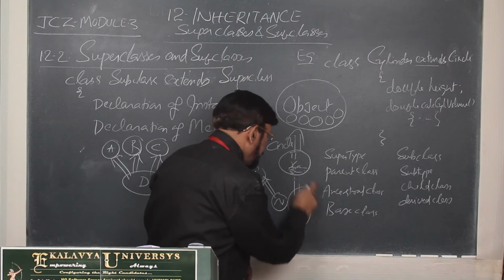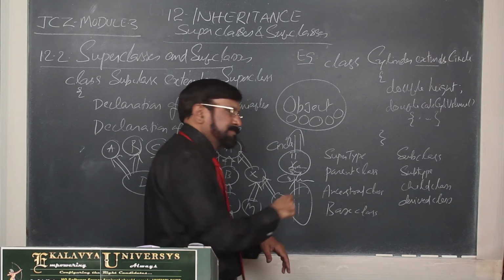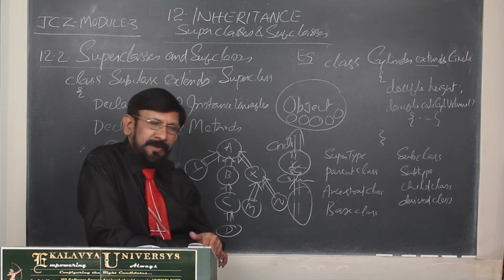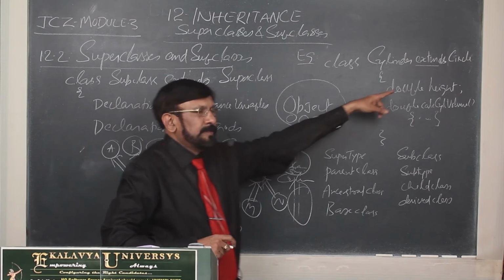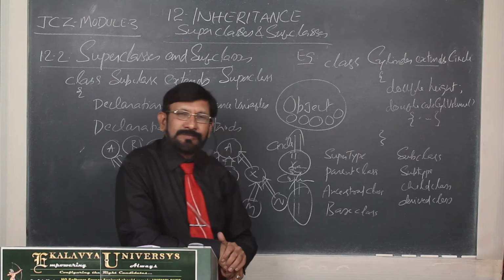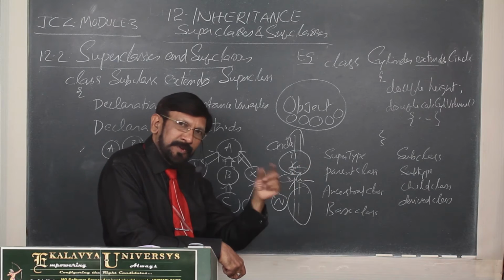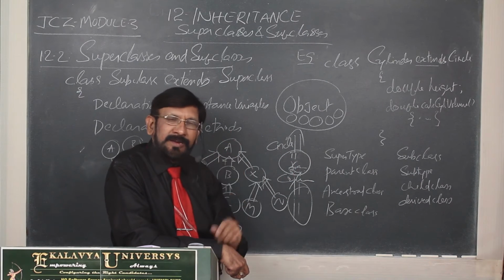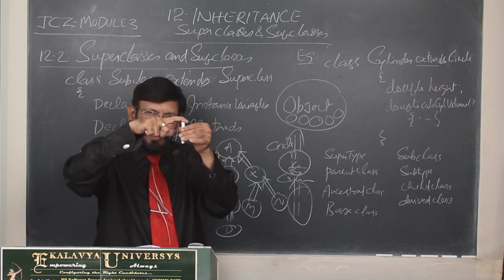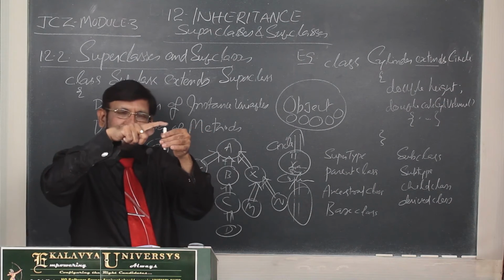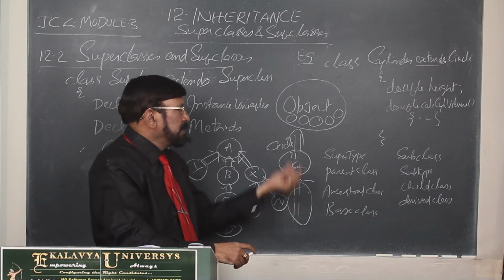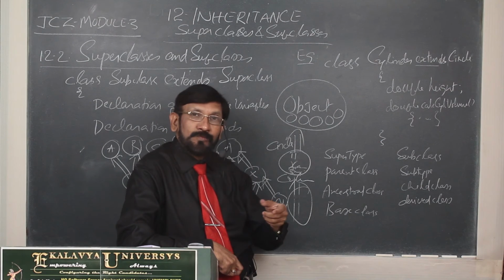Now we have extended and created the Cylinder class. In the Cylinder class, not only these features but additional features are there. You are defining height. You are defining calculate volume. Whatever area you define regarding the circle, that is the face area of the cylinder, and it has additional features like volume.